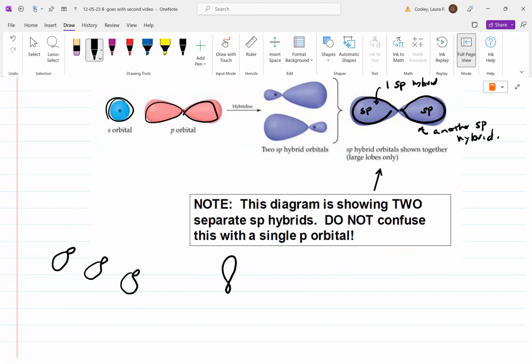The sp3 hybrids are more elongated. They get squatter as they have less p and more s character. sp3, sp2, sp. Notice the more s there is, the fatter the orbital is. This is more elongated.